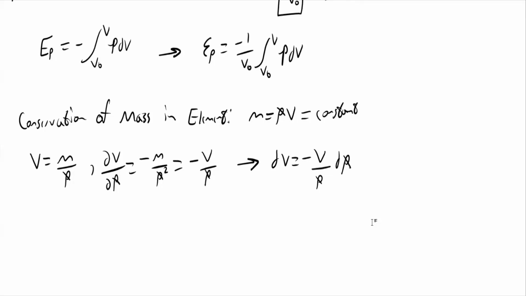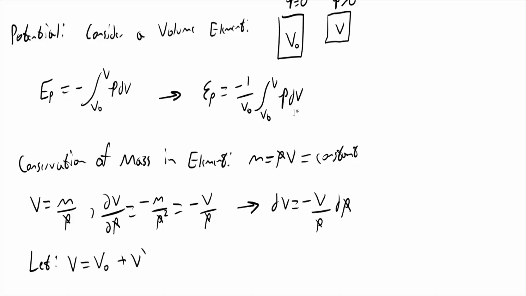So again, we're considering a very, very small change in volume, thus a very, very small change of density. So we're going to undergo the process of linearization. We're going to let the volume V be your initial volume V naught plus some change in volume.